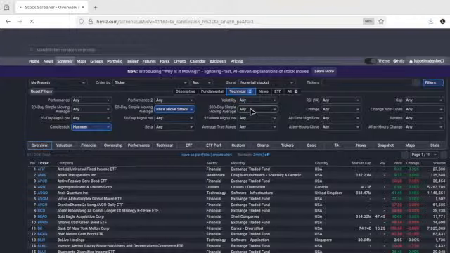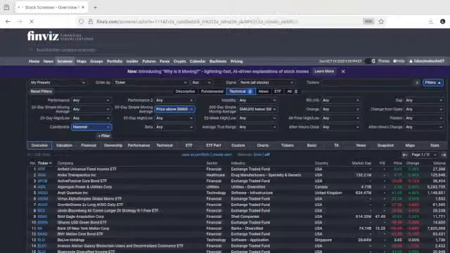Then we come down here and say the 200-day moving average should be below the 50-day moving average.